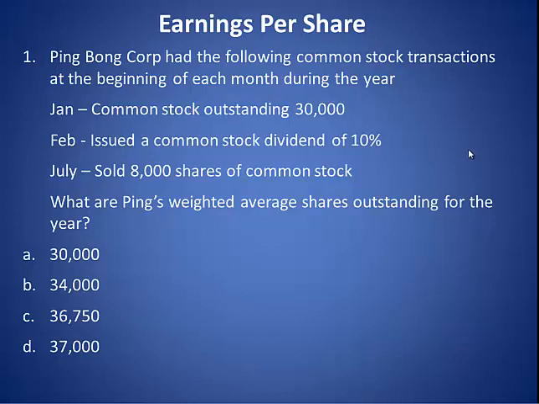Then in July, we sold 8,000 shares of common stock. The question is, what are Ping's weighted average shares outstanding for the year? Go ahead and perform your computation. Before you do that, of course, stop the video, perform your computation, and when you're ready to check your answer, restart the video.